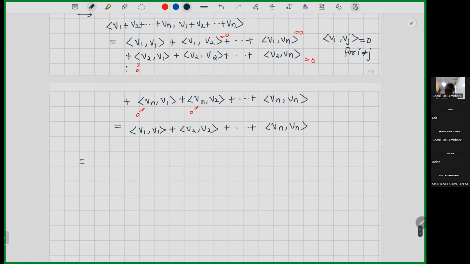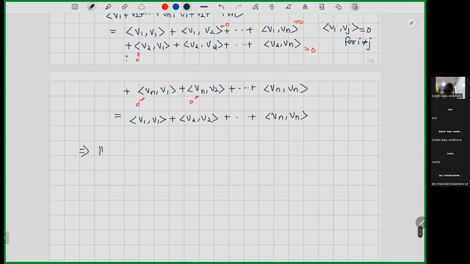This is just the norm of v1 plus so on plus vn, squared, and by definition this is the norm of v1 squared plus so on plus the norm of vn squared. Is it okay?